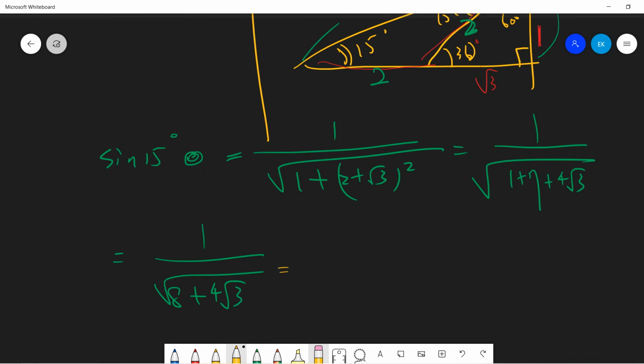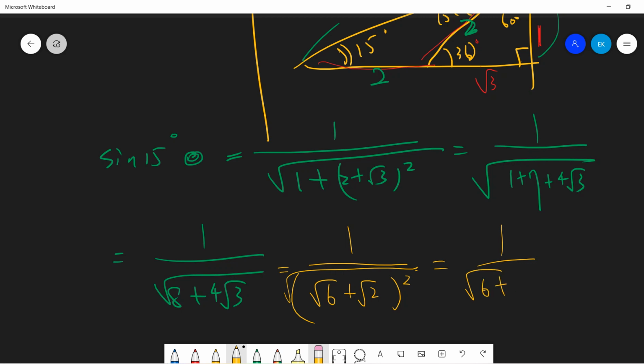This is your exercise, to prove this is 1 divided by the square root of (square root of 6 plus square root of 2) squared, and take the square root. So this is 1 divided by square root of 6 plus square root of 2, which is square root of 6 minus square root of 2 divided by 4.